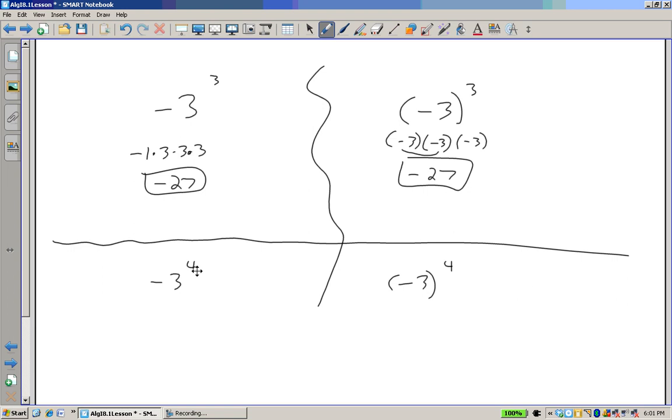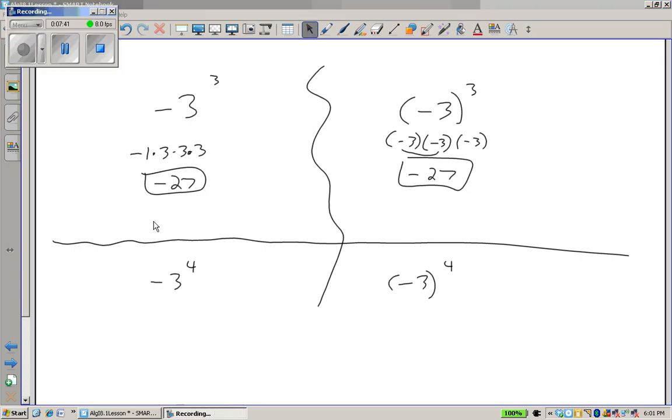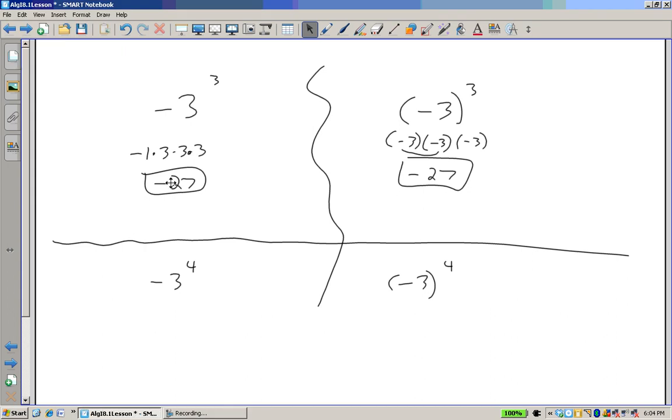So with an even exponent, this is the opposite of 3 to the fourth. In this one we have, again, just the 1 negative and 4 threes. So 3 times 3 is 9, times 3 is 27, times 3 again is 81. And negative 1 times all that is negative 81.